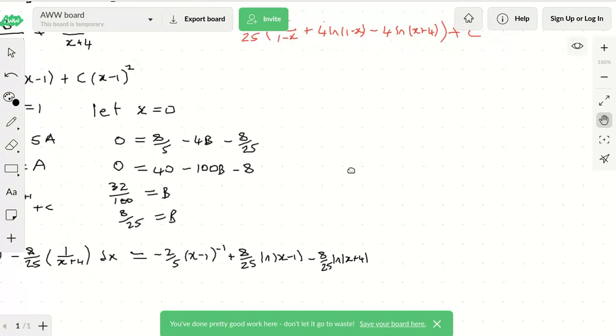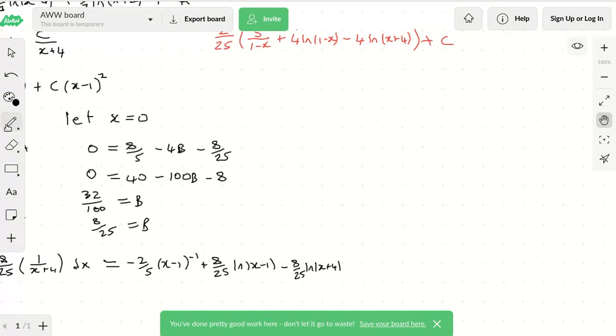Just to show you that that is exactly the same, firstly, can you see that 5 over 25 is just 1 over 5, so that's really 2/5 times 1 over, and I can switch around the x minus 1 to 1 minus x and times in the negative, if you see what I mean. So that is the same as what they've got, and then the 8 25ths is obviously what they've got.